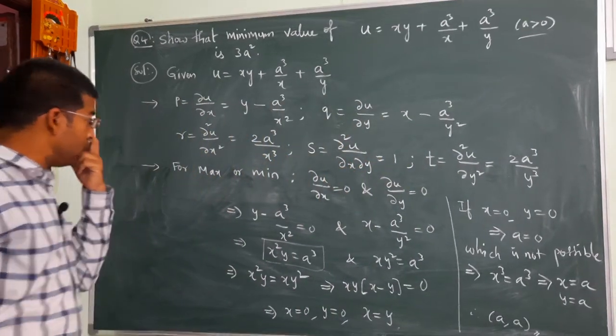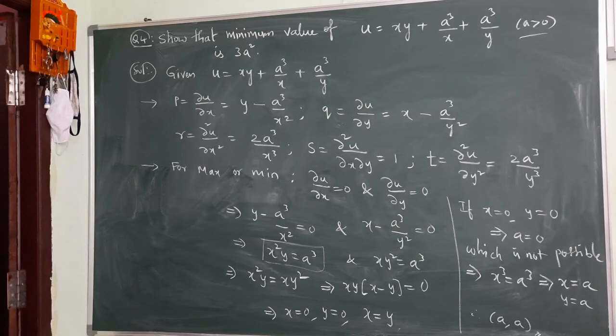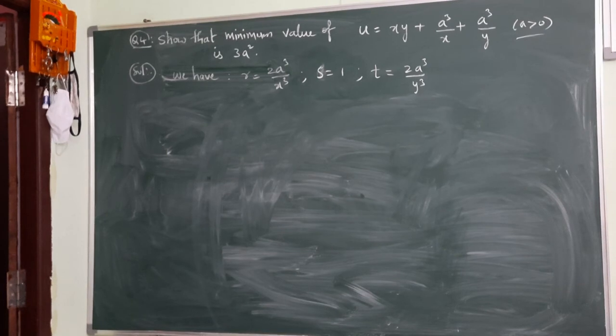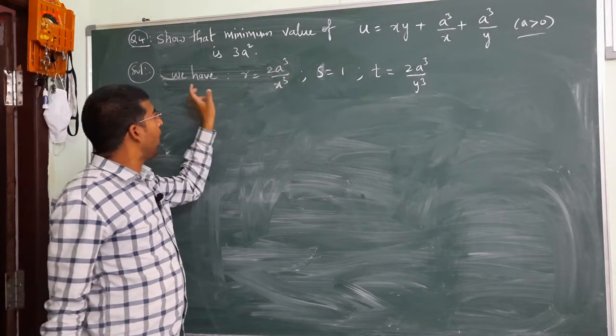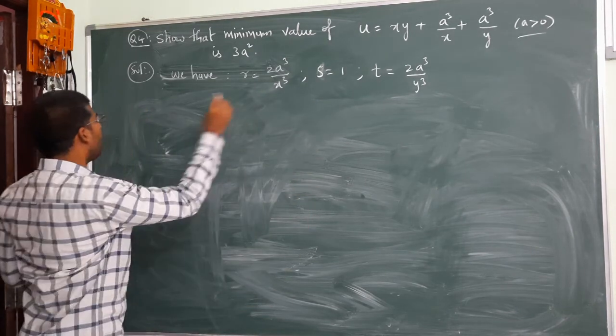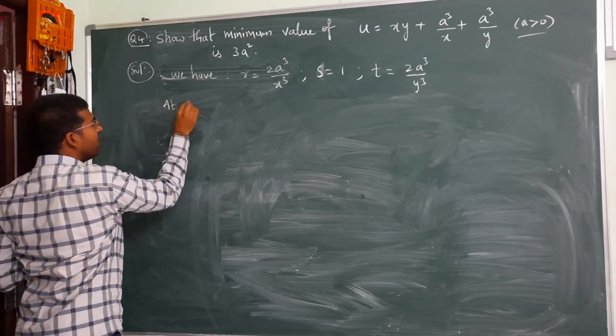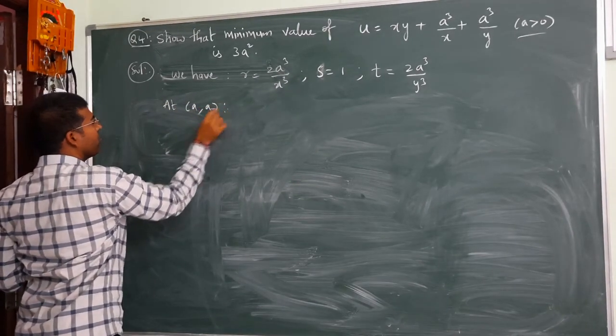Okay, first note down this one. We already know the R, S, T values. Now what is our stationary point? a comma a.